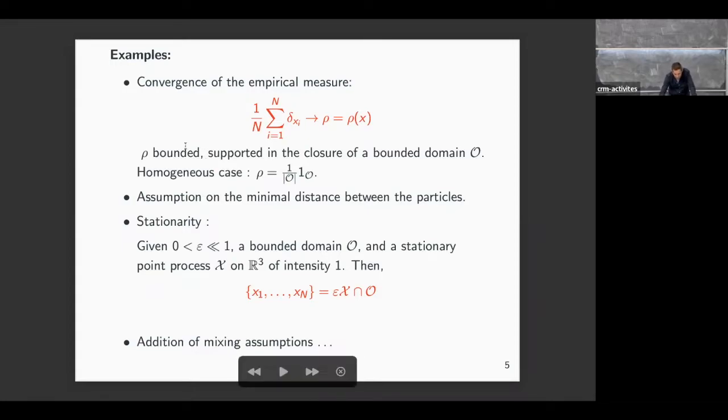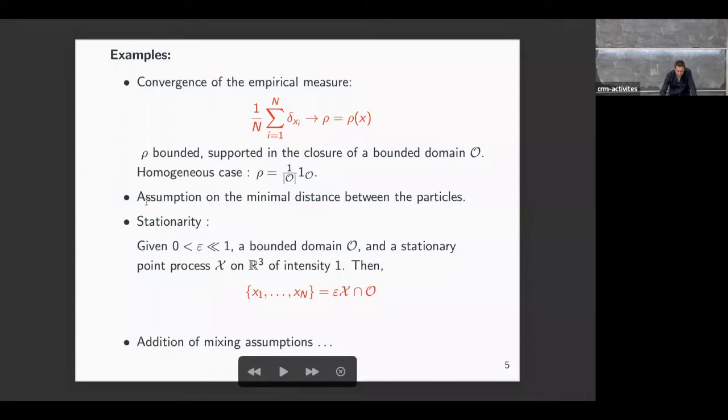And of course, a special interesting case is the homogeneous case where this limit density will be a characteristic function. Okay. So that's one kind of assumption that you can see in the papers around these suspension problems.